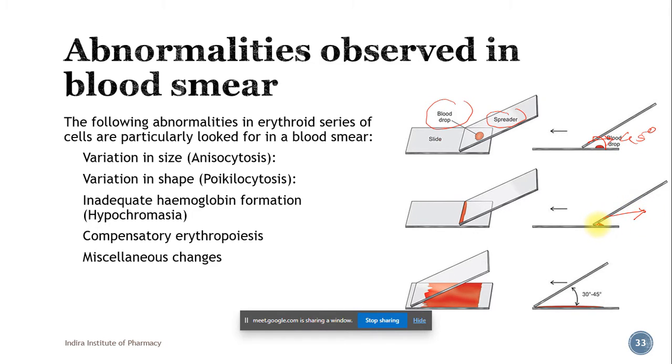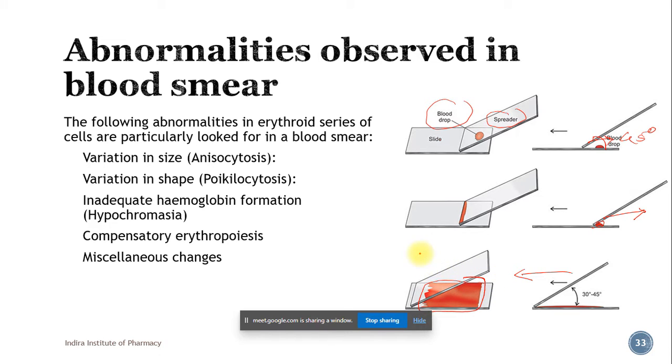So there is contact between the blood drop and the slide. Once the blood drop makes contact with the slide, you have to move the spreader in the forward direction, and you will get a blood smear like this.